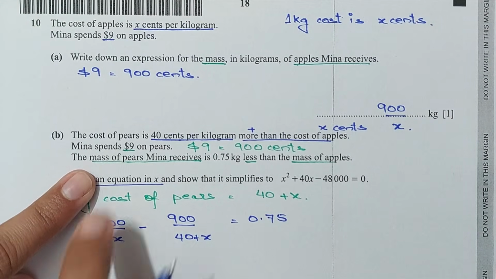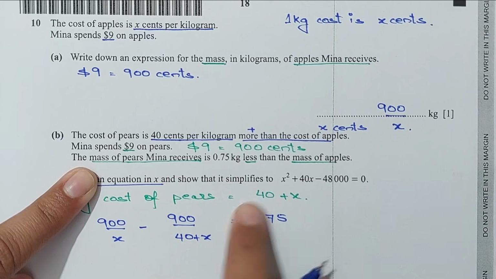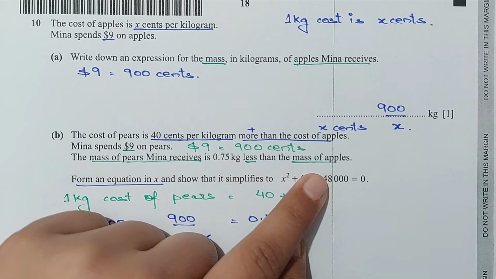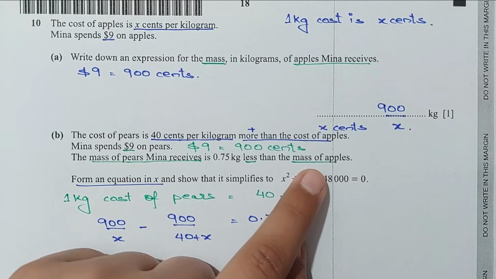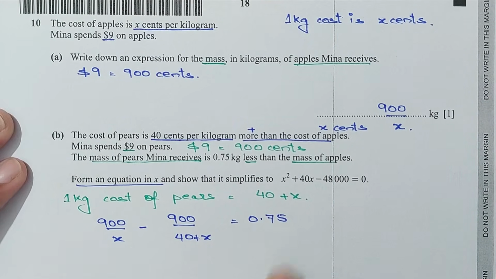Now the mass of pears Meena receives is this much less than the mass of apples. It means the difference is equal to this much, right?